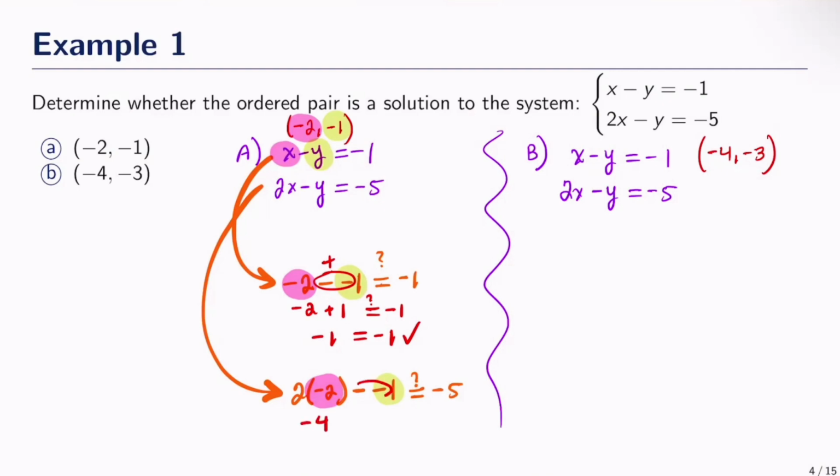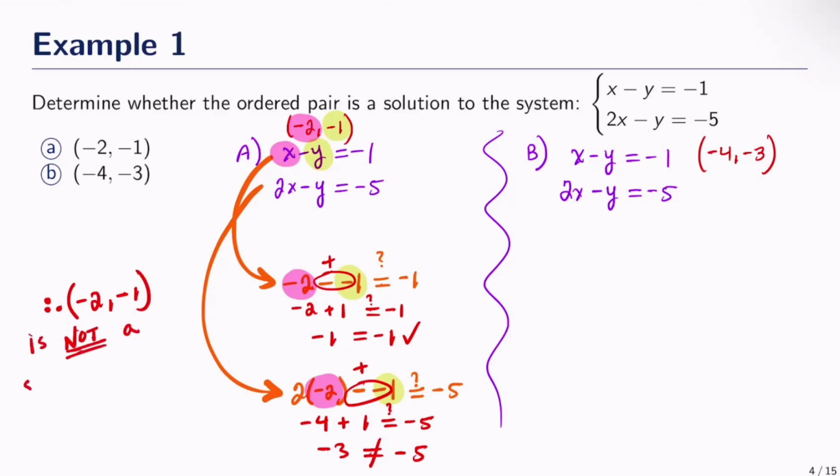Two negatives next to each other once again gives you a positive. And -4 plus 1, does that give us -5? Well, -4 plus 1 is actually -3, and -3 is not equal to -5. So what can we conclude on this part A? Therefore, -2 comma -1 is not a solution to the system.